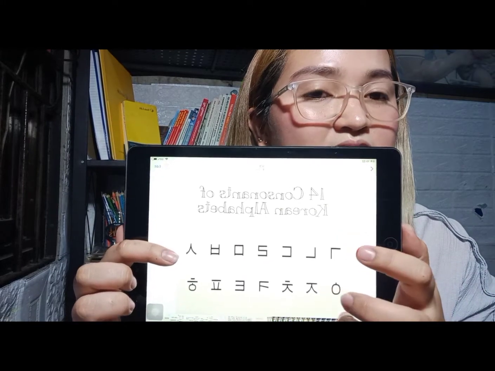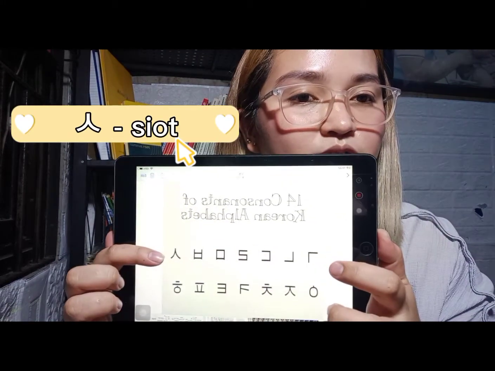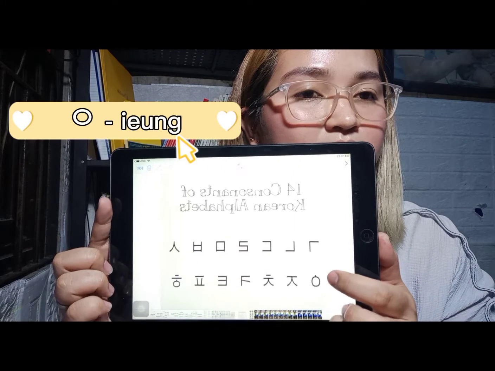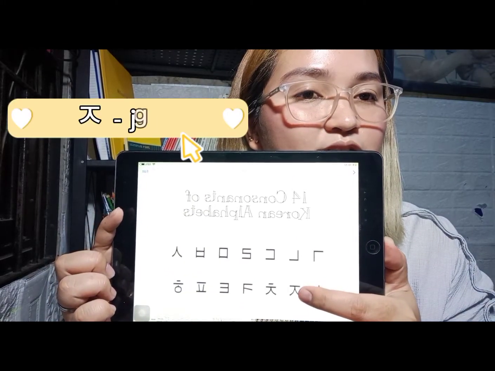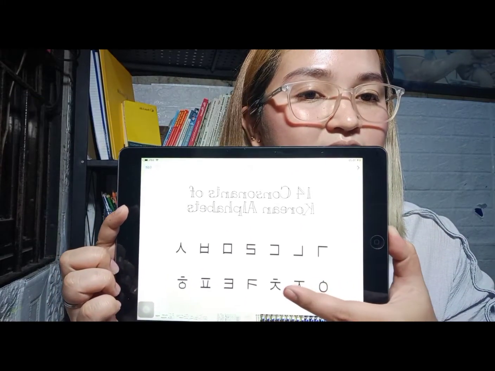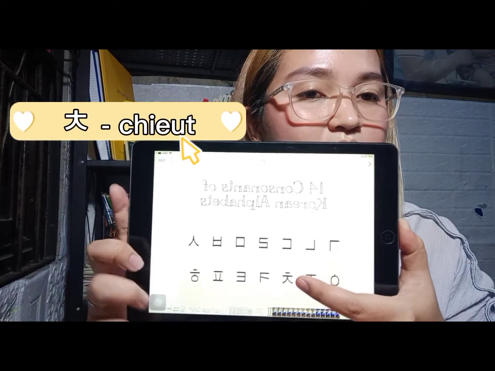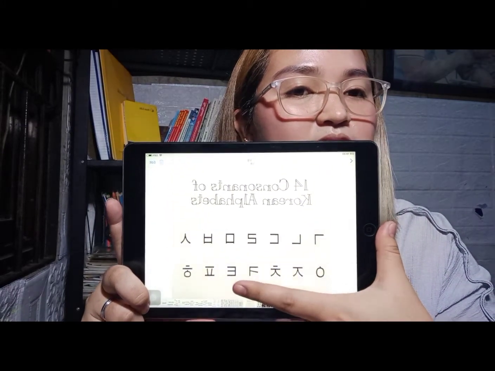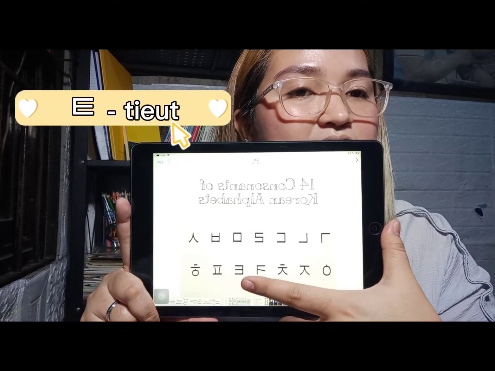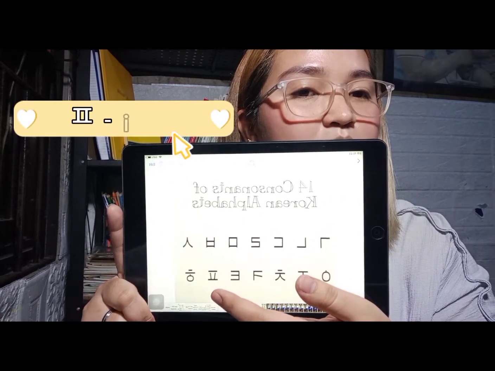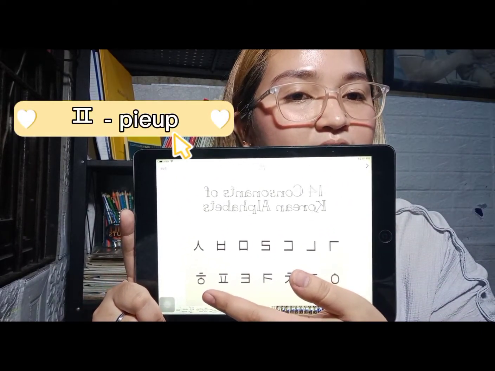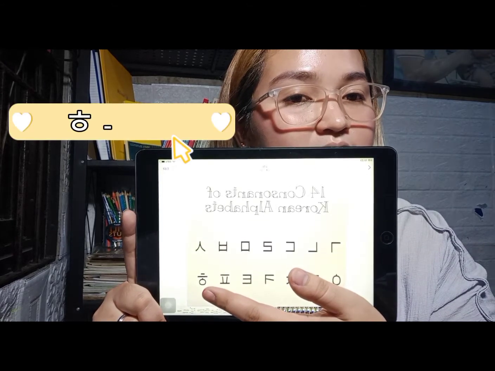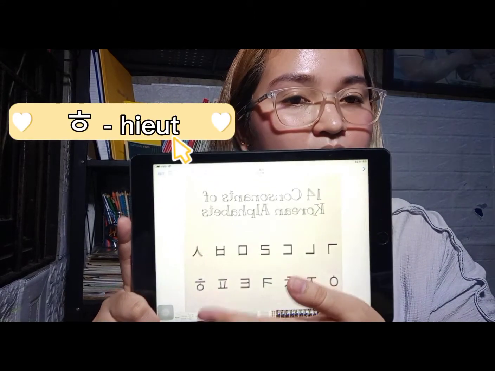This one is shiut, iyeng, chiet. This one is kiet, tiet, peep. And the last one is heat. So, those are the 14 consonants of the Korean alphabet.